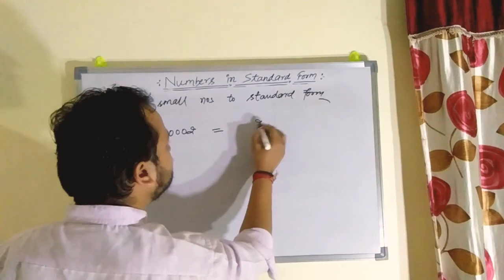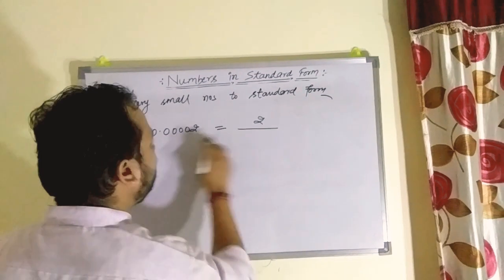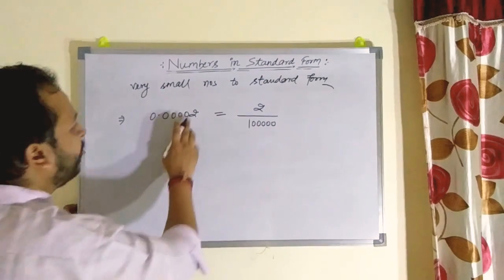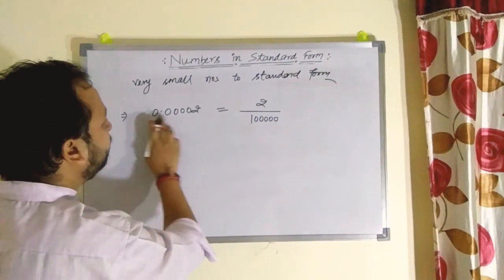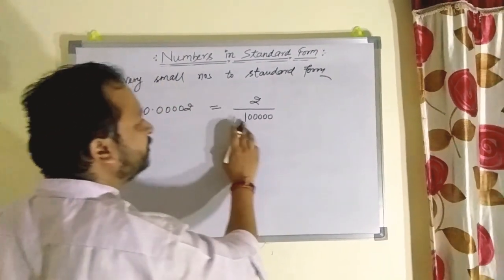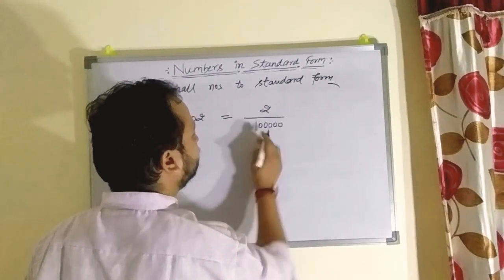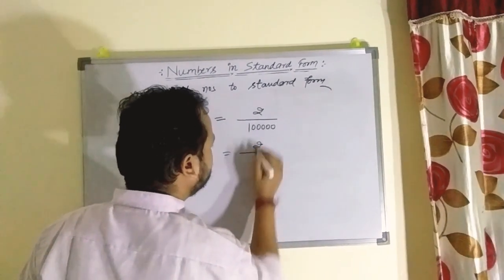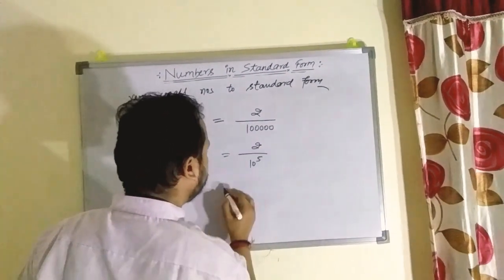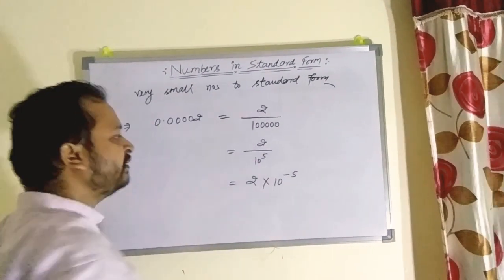So that equals 2 divided by 1 followed by 5 zeros, because the decimal is placed before 5 digits. So you have to divide by 1 lakh, that equals 2 upon 10 to power 5. If this power goes upside, it becomes 2 into 10 to power minus 5.